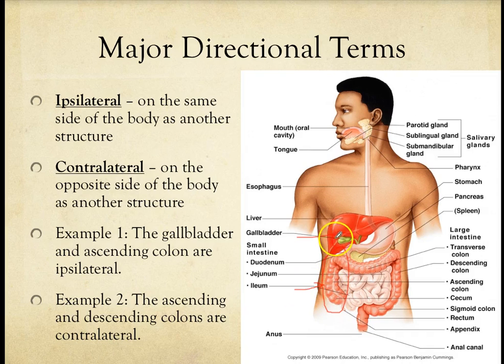Okay, so they're on the same side of the body. Contralateral would mean that they're on opposite sides. So if this was the ascending colon here on the right, the descending colon is here on the left. It's on the opposite side of the body.